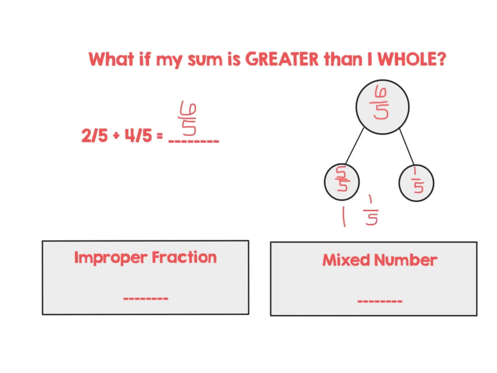So as an improper fraction, that means my numerator is greater than my denominator, I would write 6/5. But for a mixed number, that means I have a whole number and a fraction to represent an amount. I have 1 and 1/5. And it's really important to realize that 6/5 and 1 and 1/5 are the same. They're equal.